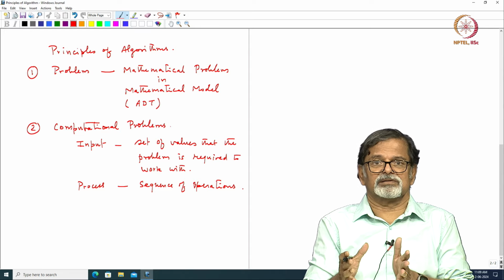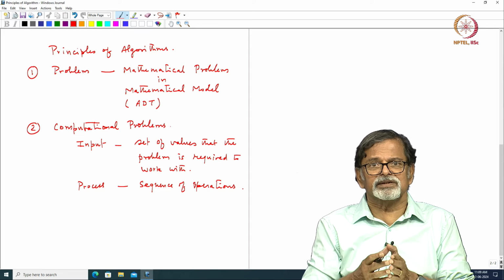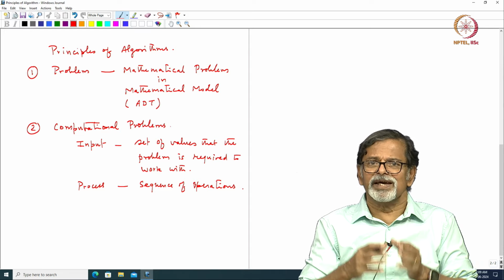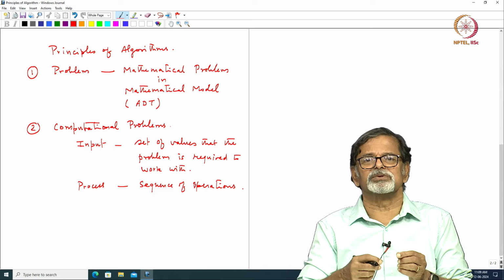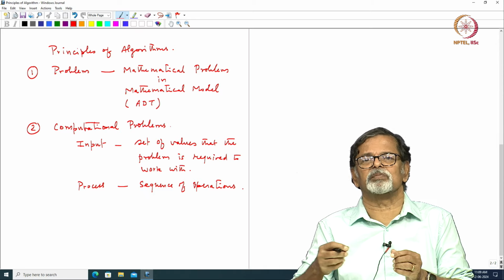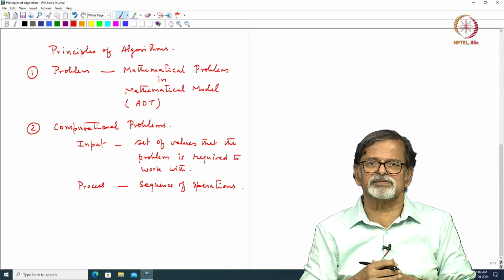This sequence must be finite and unambiguous. In principle, we should be able to perform these sequences of operations on pen and paper, and so on.